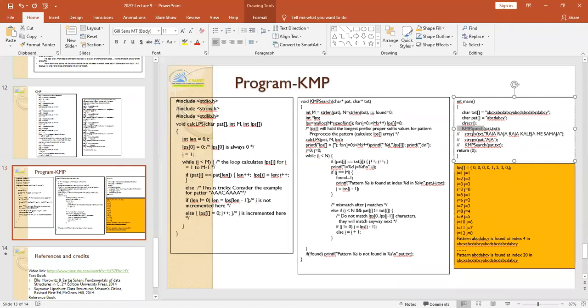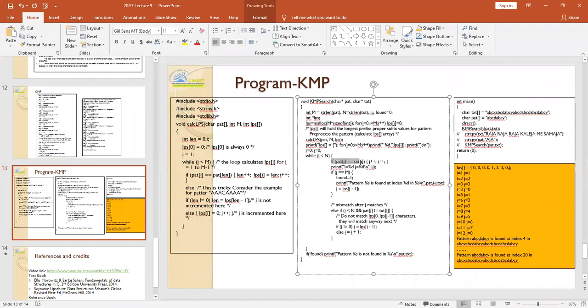So first I will go with KMP search of pat and text. So this is the algorithm we have taken, the algorithm which is used to search for a pattern. So same text you are going to have. But the thing is you are allocating the memory. This can be done or may not be done also, but you are allocating the memory. So what is the condition?